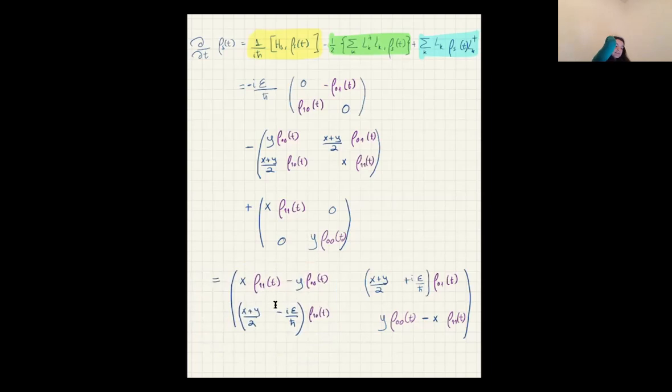So what have we achieved? So far, this was just cranking the cogwheels. On the left-hand side, we have the time derivative of something, and the right-hand side, we have this result. And this gives us a system of differential equations, okay?